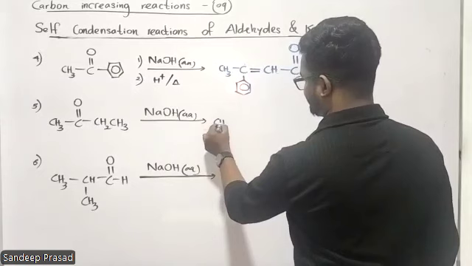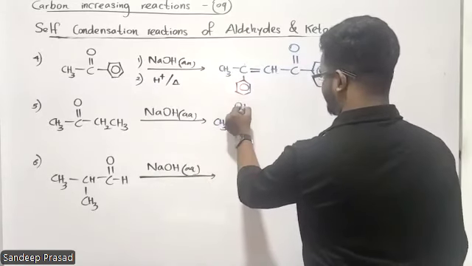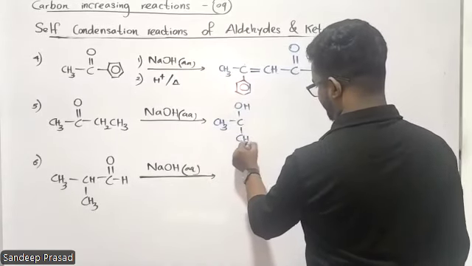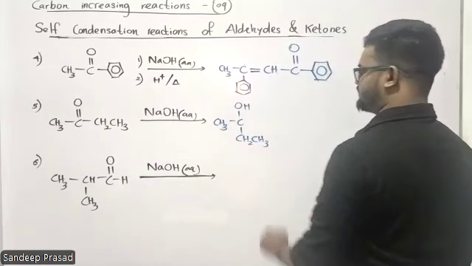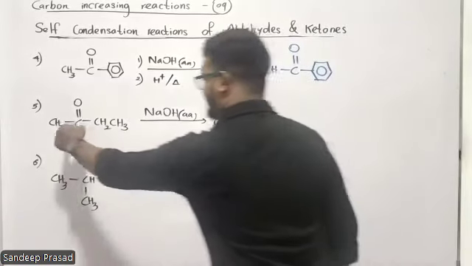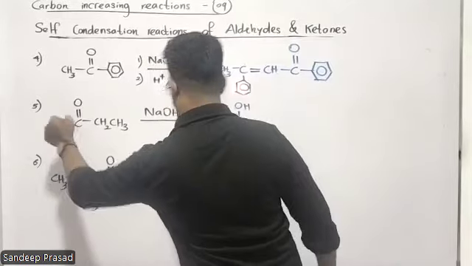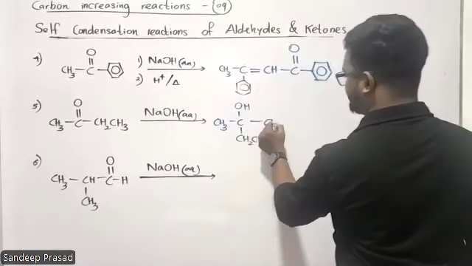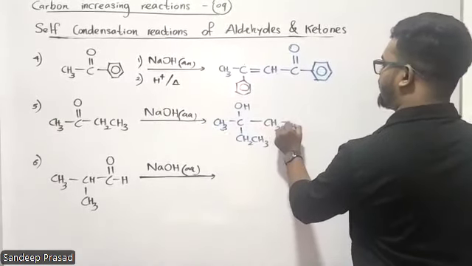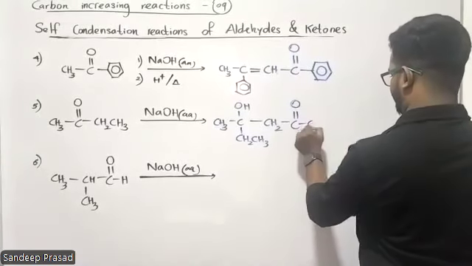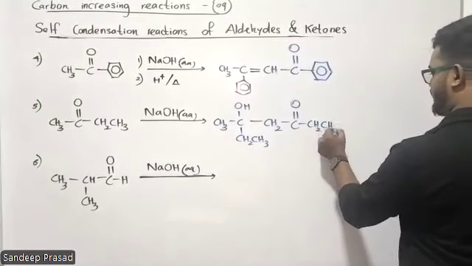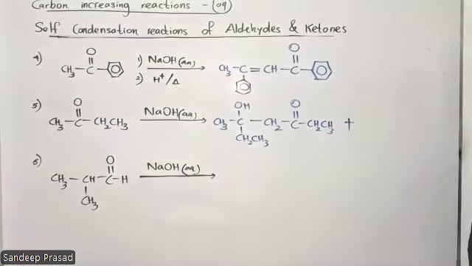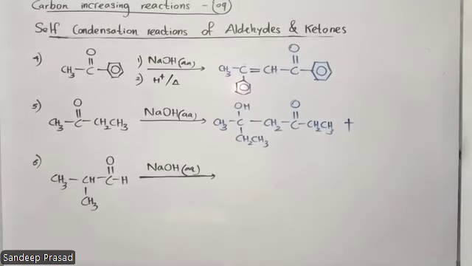Look at this one. CH3, C double bond O, CH2, CH3. I can say that hydrogen is eliminated from here. Then the product is CH2, C double bond O, CH2, CH2. And we have another product. What is the other product?